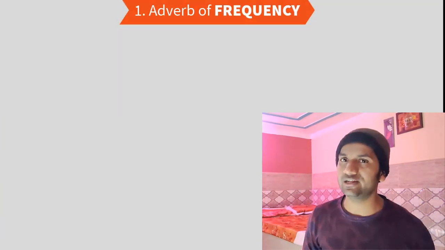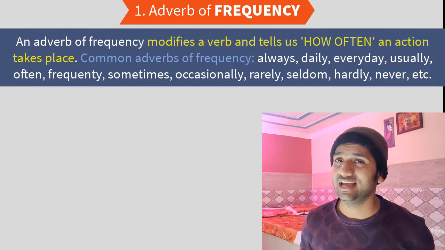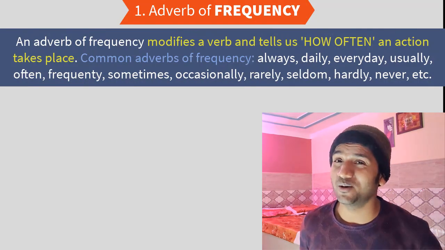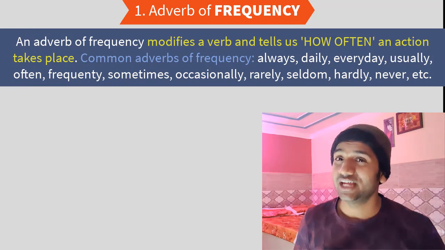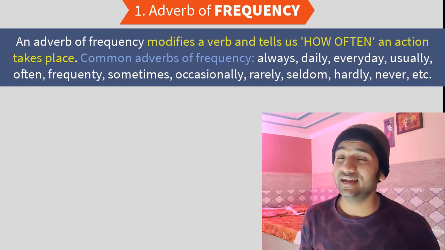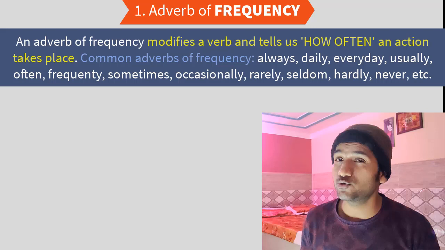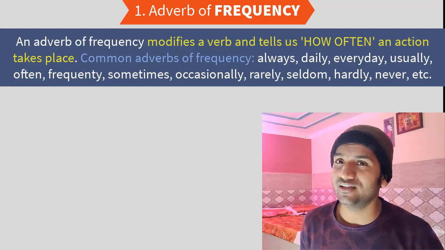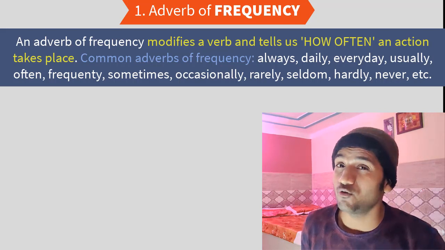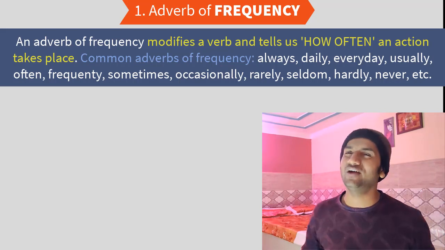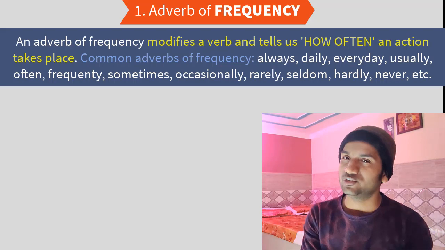Let's talk about the first one, an adverb of frequency. As the name goes, an adverb of frequency talks about the frequency of an action. It talks about how often an action takes place. And if you want to find out an adverb of frequency in a sentence, what do you need to do? You need to ask the question, how often to the verb? And you will find out your adverb of frequency.